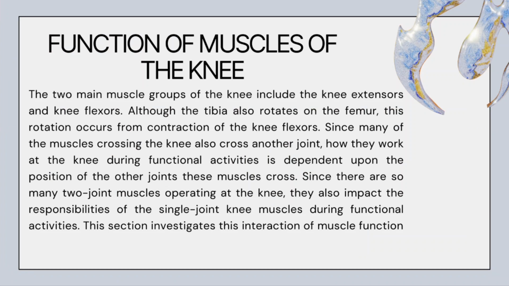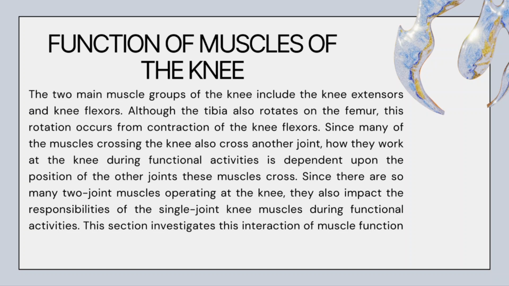Next topic is function of muscles of the knee. The two main muscle groups of the knee include the knee extensors and the knee flexors. Although the tibia also rotates on the femur, this rotation occurs from contraction of the knee flexors since many of the muscle crossing the knee also cross another joint.